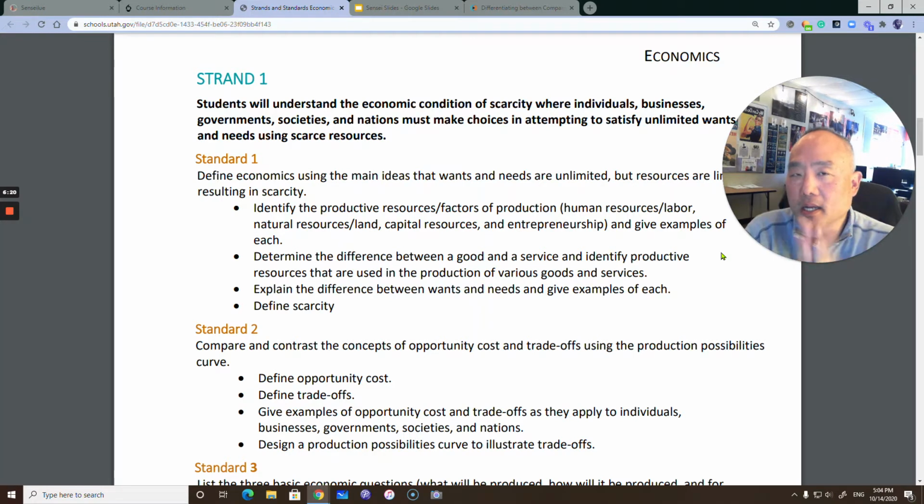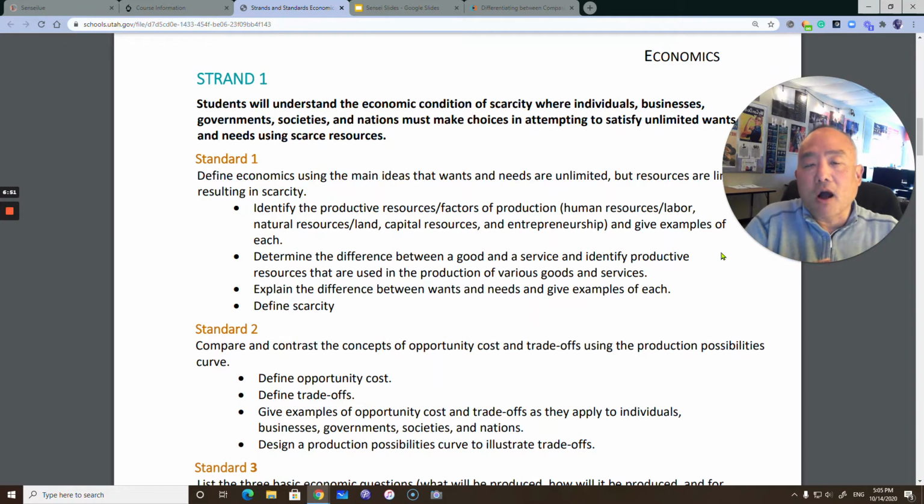Okay, opportunity cost. Opportunity cost is defined as the cost of your next best alternative. So if you choose to go and watch a movie with your friends versus studying for this exam, the price that you may pay could be a grade.